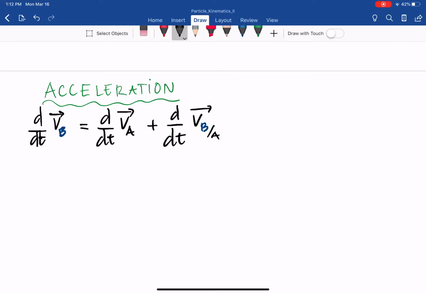The first derivative of velocity with regard to time is the acceleration.